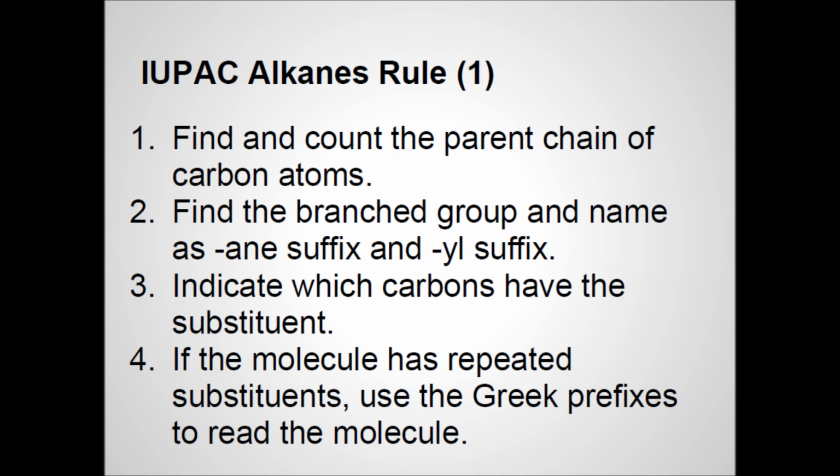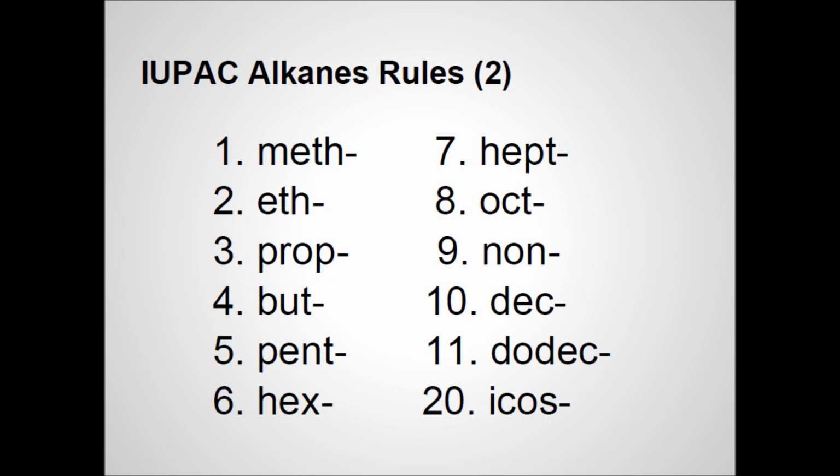Greek prefixes are used to designate the number of those chains found in the molecule. As seen on the screen, under the IUPAC alkane rules, we have to use the Greek prefix that indicates numbers. For example, 1 for meth, 2 for eth, 3 for prop, and 4 for but.